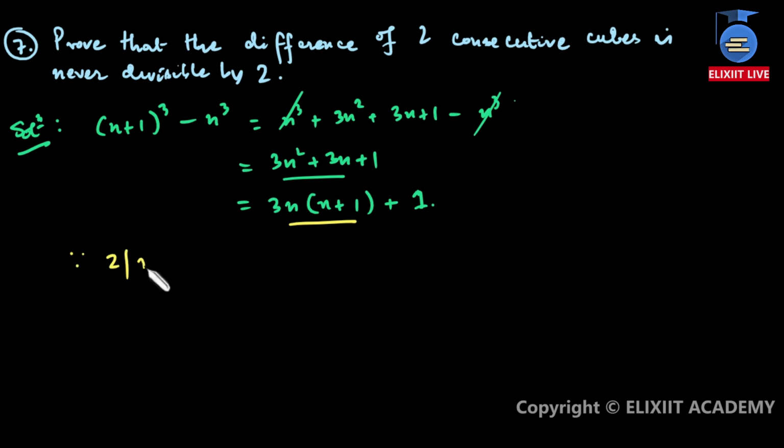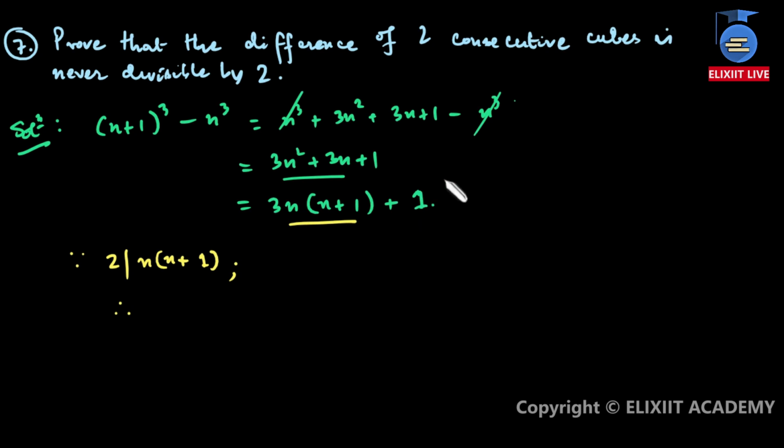Since 2 divides n into n plus 1, the product of two consecutive integers is divisible by 2. Therefore, this expression will turn out to be a multiple of 2, because n into n plus 1 is a multiple of 2. So this entire thing is a multiple of 2 plus 1. So definitely 2 does not divide this number.